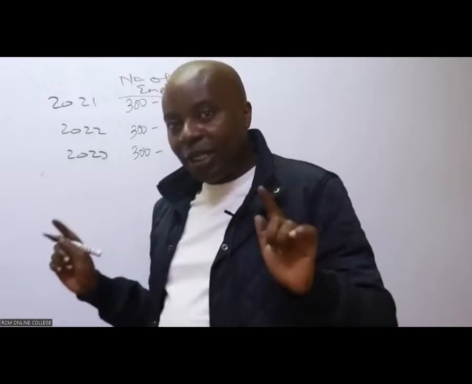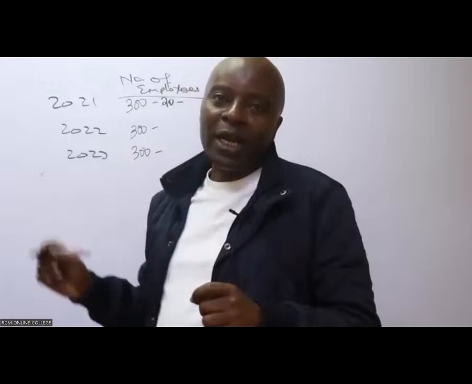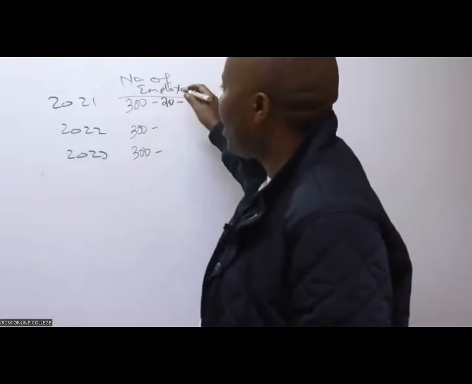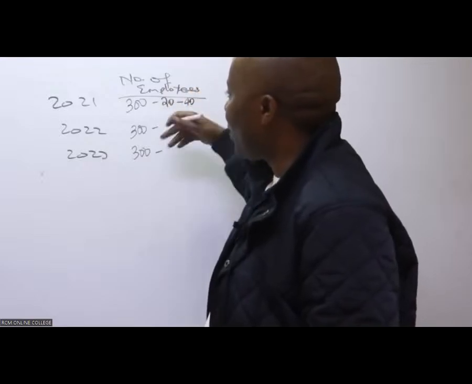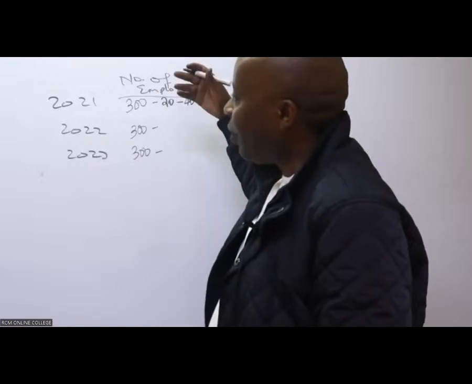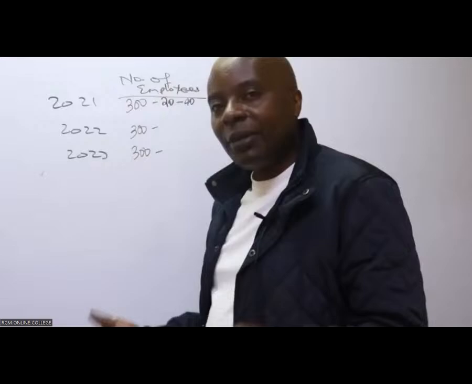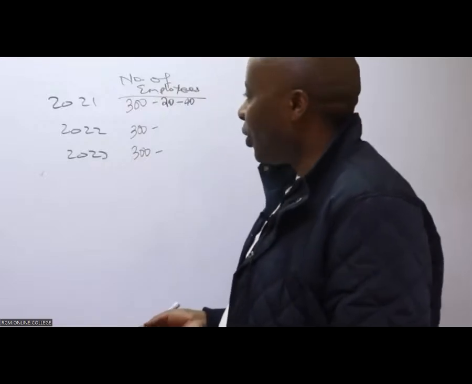So with the language here, further, you must always deduct. So in this case, 300 minus 20 who have left, minus the ones you are estimating to leave, so that by the end of this year I should be able to know how many guys will stay behind. Quite confusing. So we go to 2022.